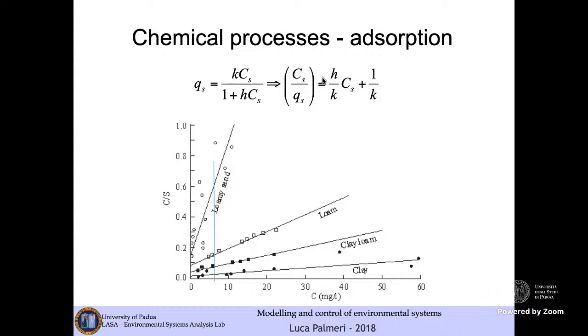So if you have a water body with a dissolved concentration of contaminant, and in the water body you also have suspended particles of solids, then depending on the characteristics of these suspended particles, be they clay, loam, or sand, you will have different adsorption capacities.